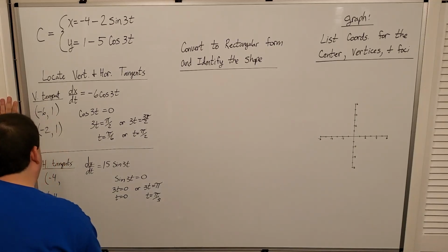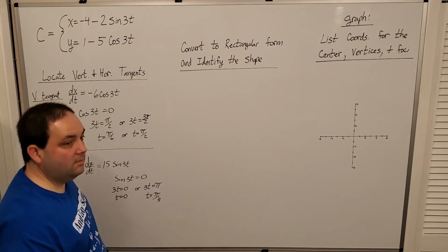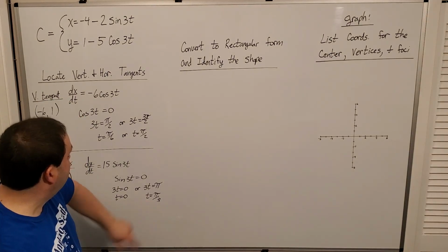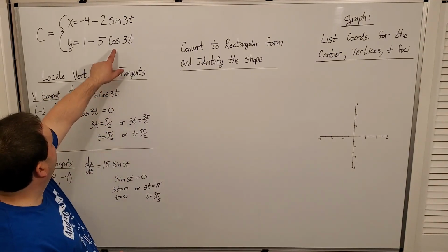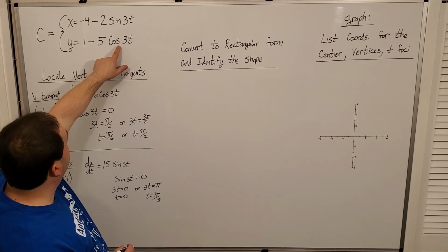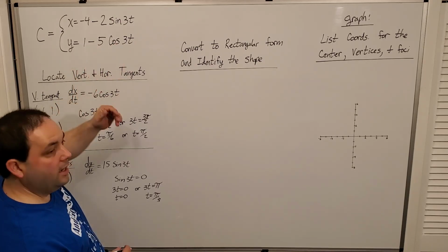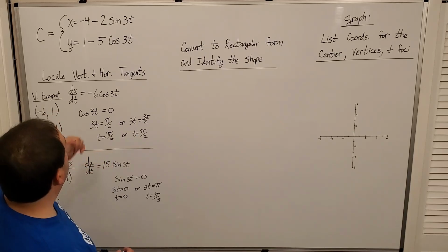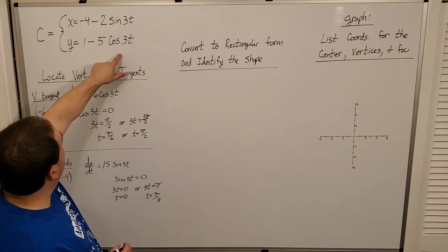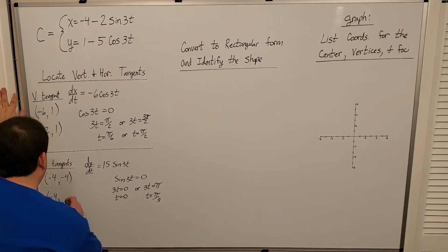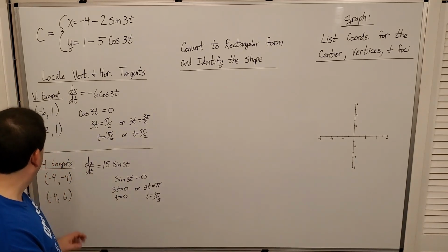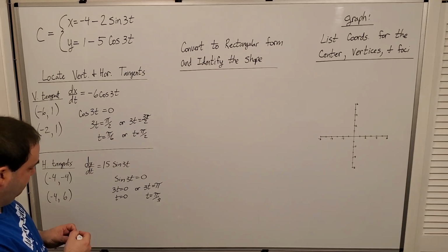So then 1 minus 5 is negative 4. Next, when t is pi over 3, I'm getting cosine of pi, which is negative 1. Negative 5 times negative 1 is positive 5, plus 1 is going to give me 6. So I've got my two horizontal tangent points.